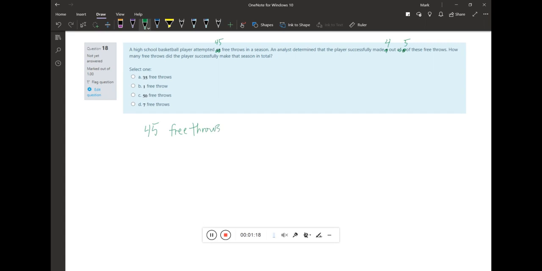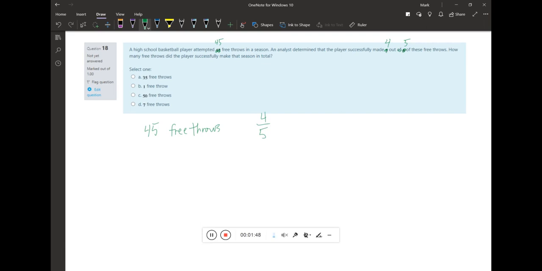And apparently there's an analyst there, so this is I guess a team that gets followed by the media, and they've got people who are looking at it, or maybe it's someone from the other team, I don't know. So they've determined that this particular player makes 4 out of every 5 of their free throws. How many free throws did the player actually make?